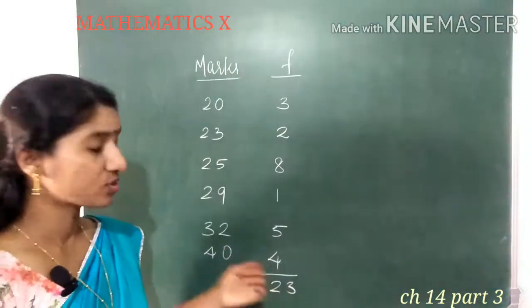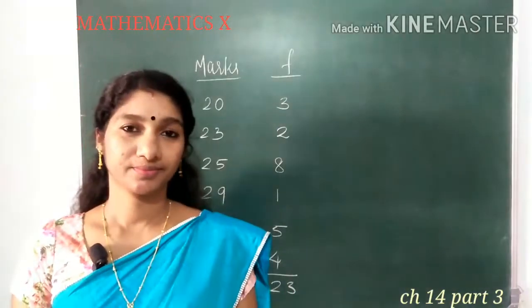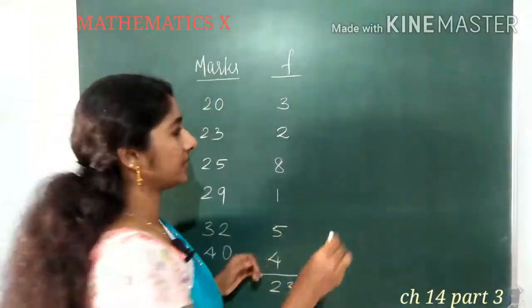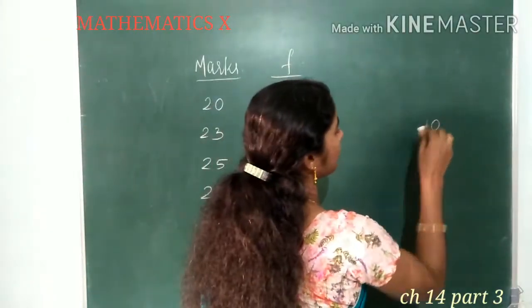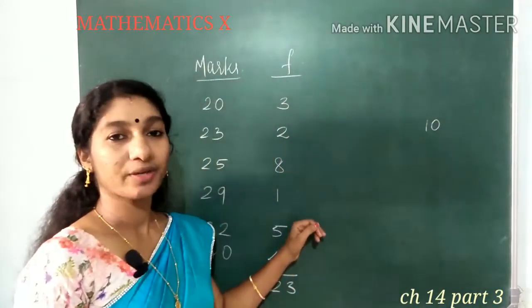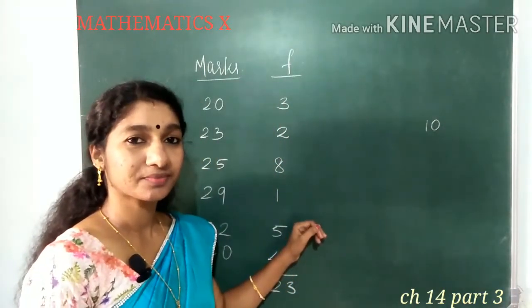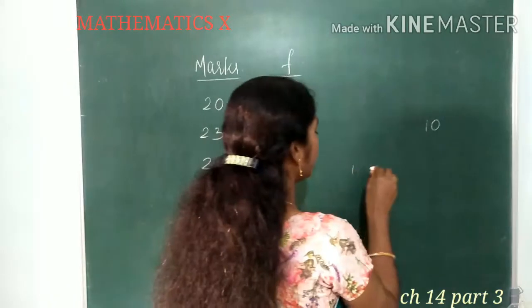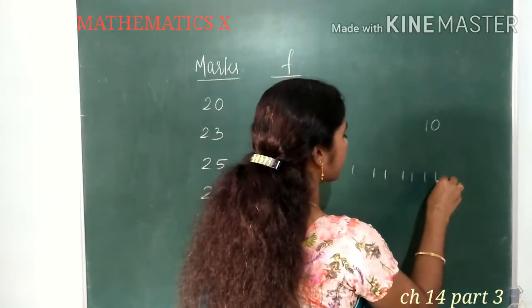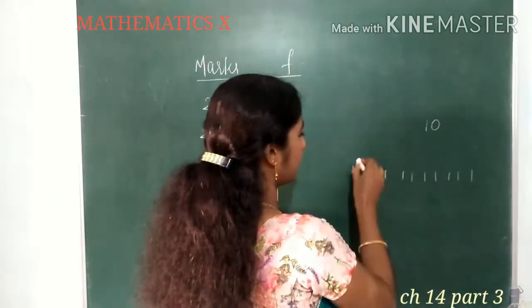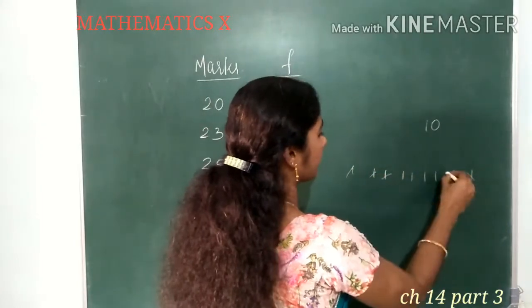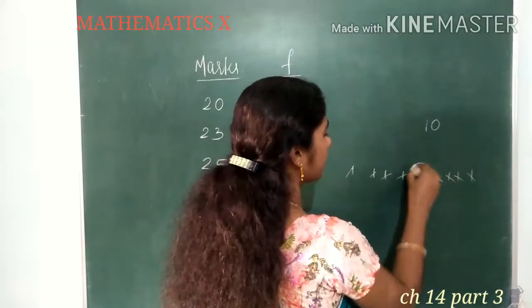Out of 23 students, which will be the middle value? You know that if there are 10 students, how many middle values will we get? 1, 2, 3, 4, 5, 6, 7, 8, 9, 10. So these two are in the middle.